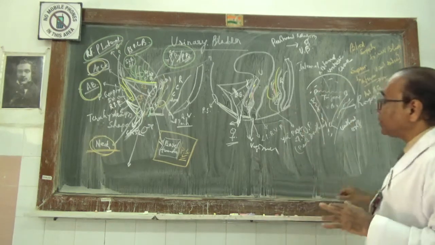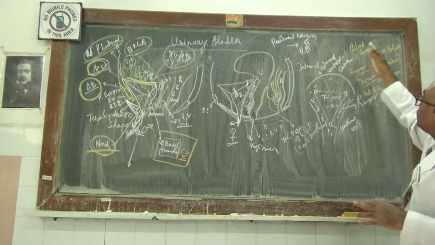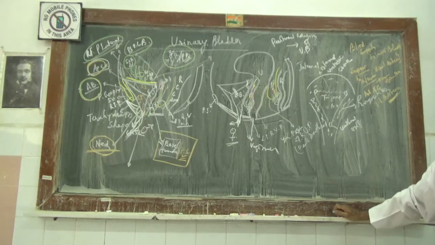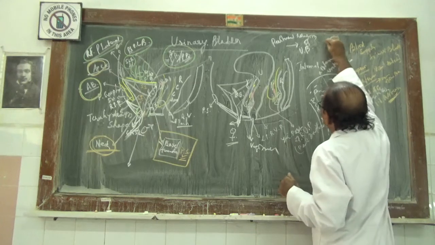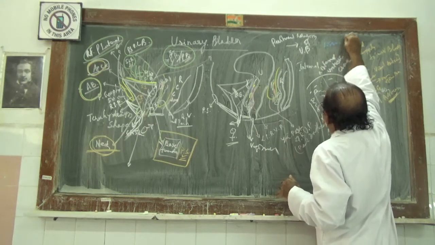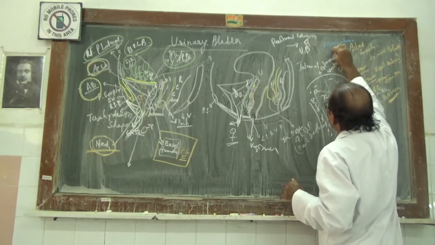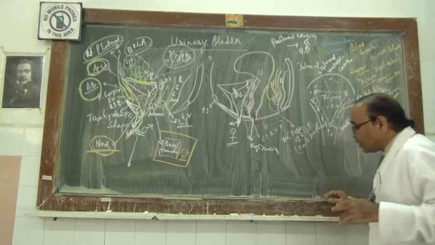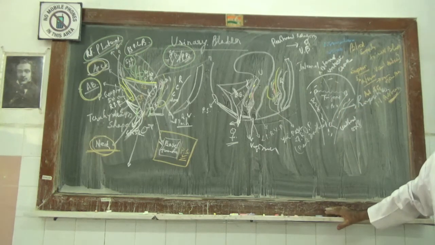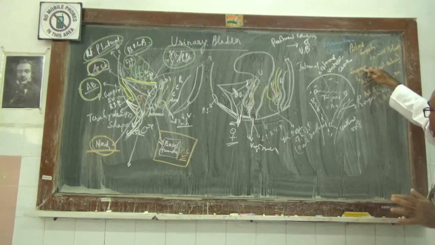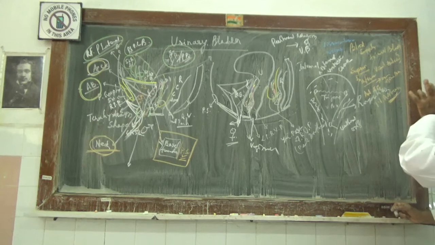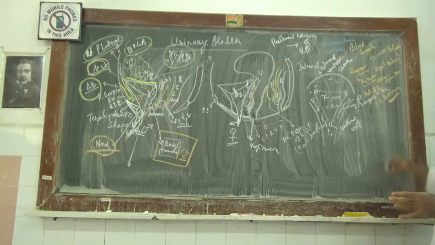Now what is the venous drainage? Venous drainage of the urinary bladder is by the vesical veins, superior vesical veins and inferior vesical veins.